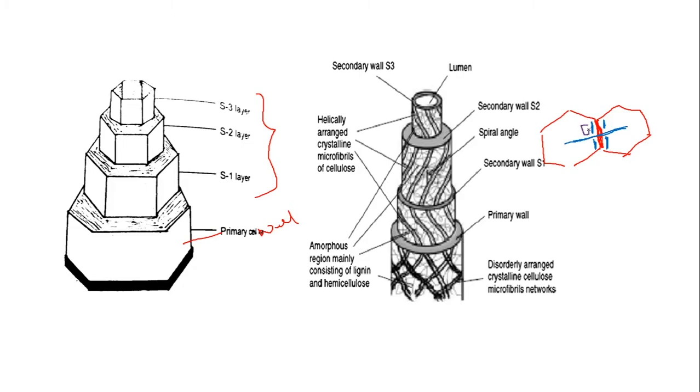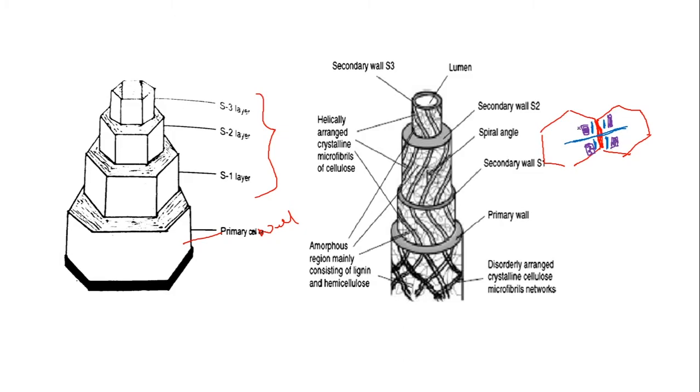This is a secondary wall layer. On either side, we have the secondary wall layer. But every cell has a middle lamella, the primary wall and secondary wall.